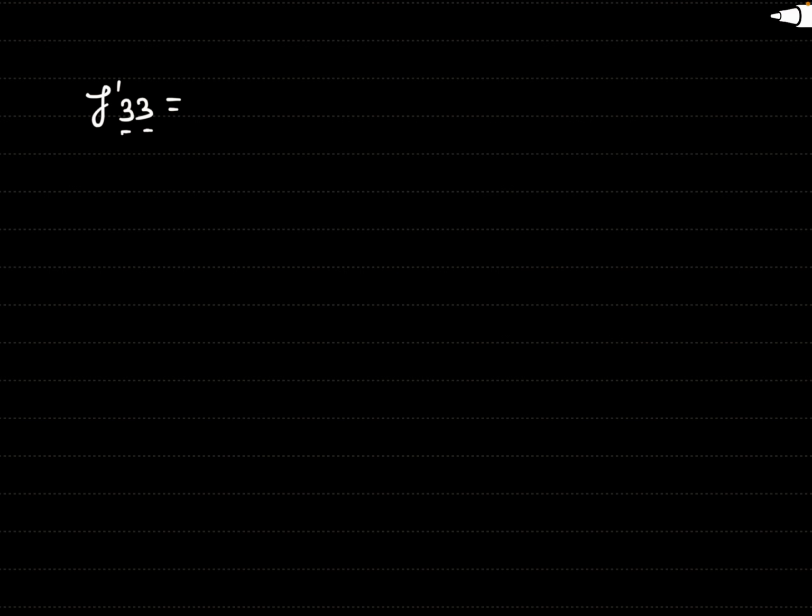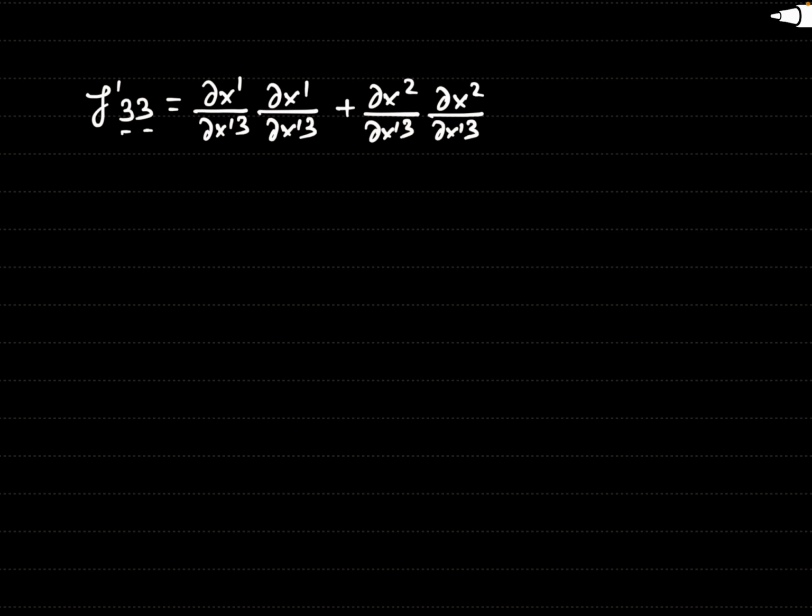And from that equation 4, you can say after taking the summation, our result will be: del x1 by del x prime 3 times del x1 by del x prime 3, plus del x2 by del x prime 3 times del x2 by del x prime 3, plus del x3 by del x prime 3 times del x3 by del x prime 3.